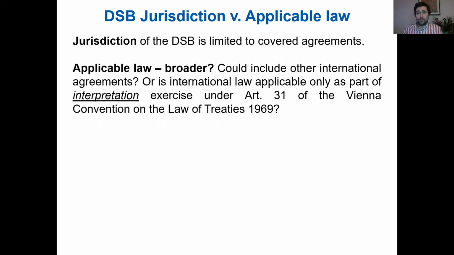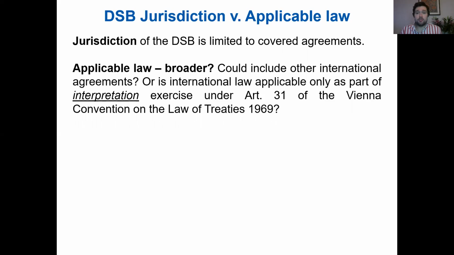This is not a good situation, and therefore Pauwelyn tries to develop some theory that would make the two things meet. He says that maybe applicable law is much broader than the covered agreements, and the applicable law shall include other rules of international law in force between the parties to the dispute.